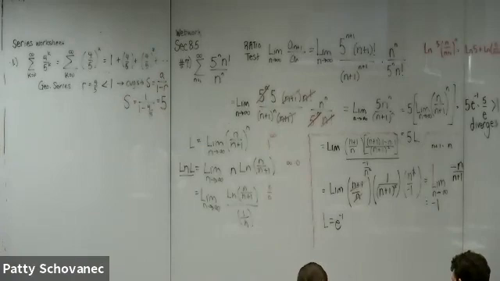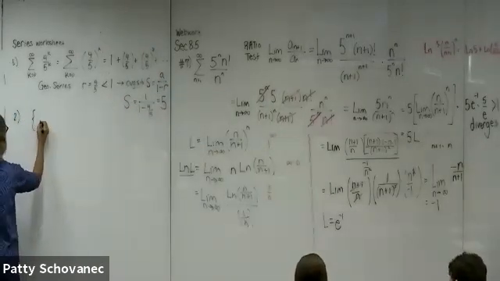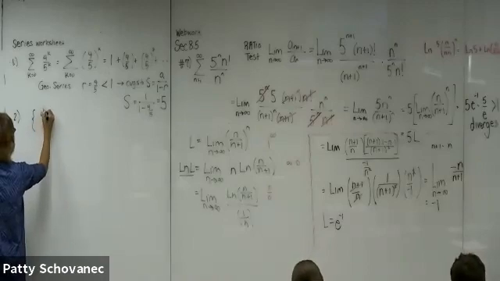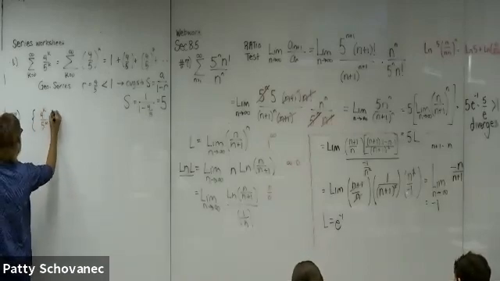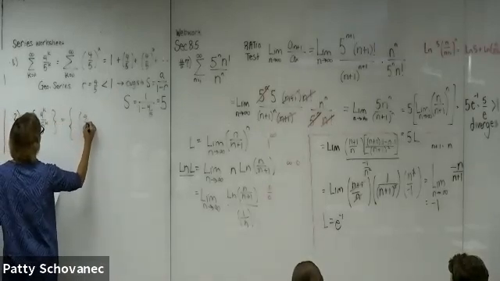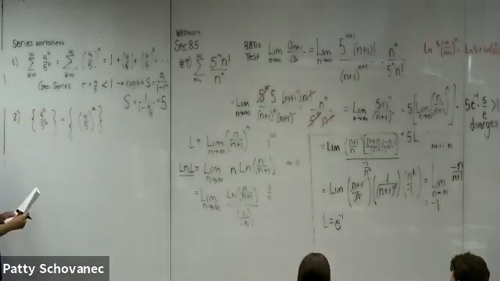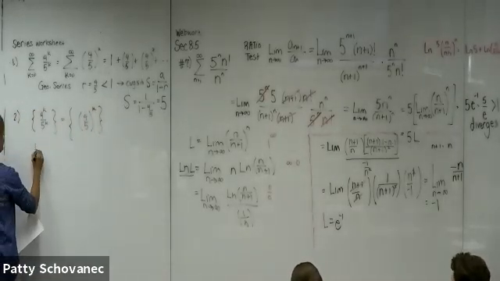Okay, then we give you the same thing as a sequence. As a sequence, that looks the same way. But a sequence converges if it has a limit. So we look to take the limit of that.